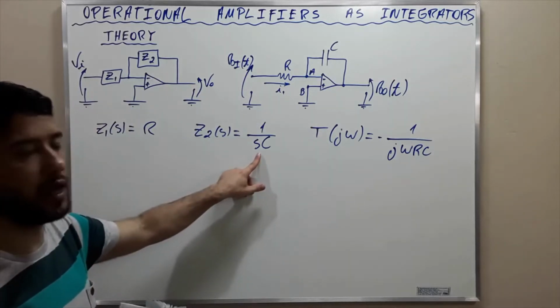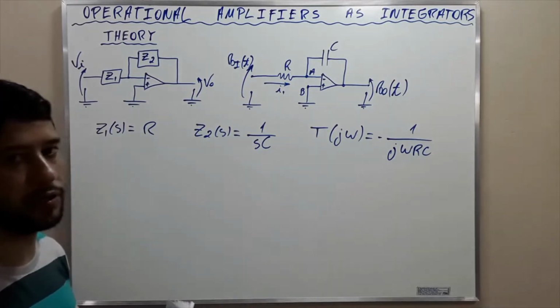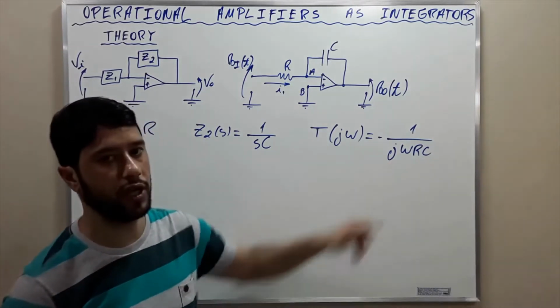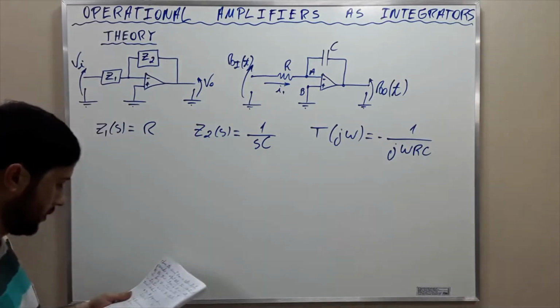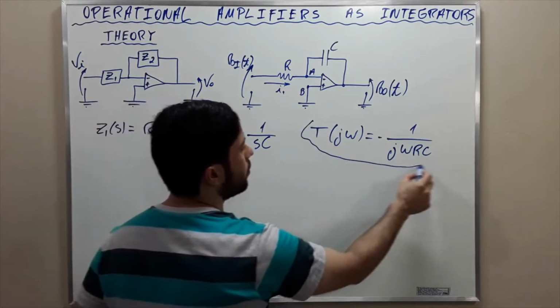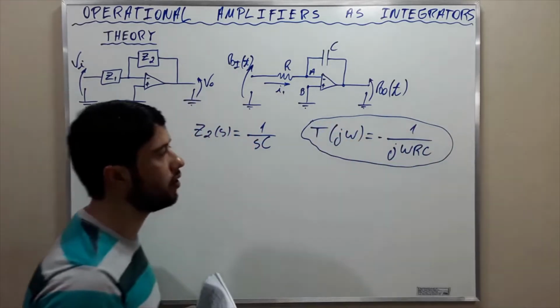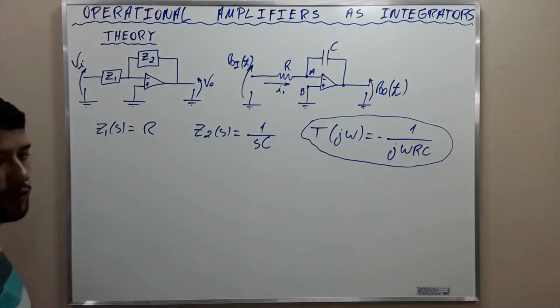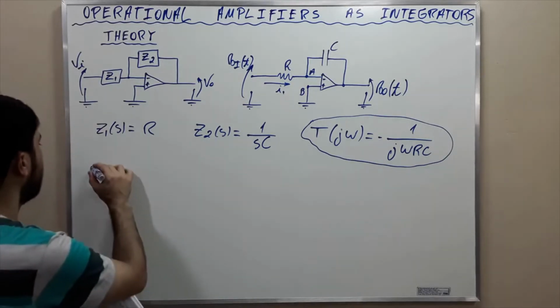We've substituted S by jw because for physical frequencies, S is equal to jw. Now let's inspect this. To fully comprehend the circuit, we need to inspect this. Let's inspect the magnitude.